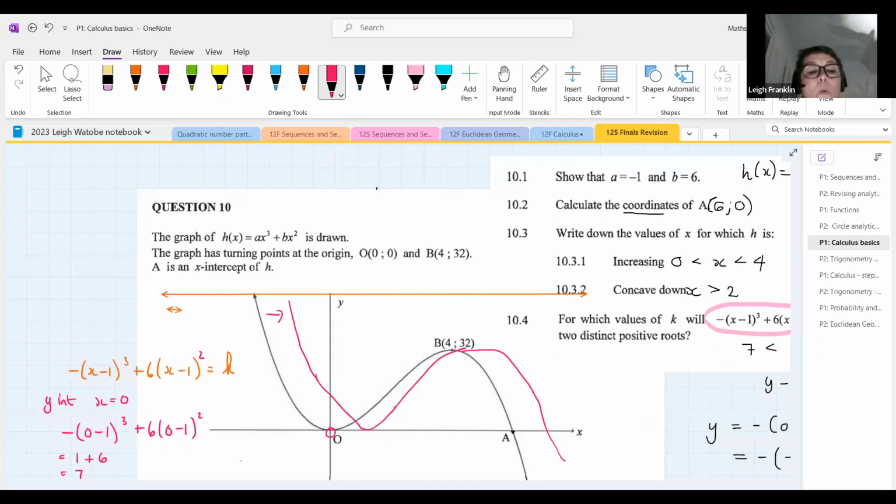So it's shifted 1 unit to the right. So this new y-intercept over here is going to be at (0, 7). But this point over here has not been moved up or down. It's just been moved to the right-hand side. So it's been shifted 1 unit to the right. So our local maximum is now going to be at (5, 32). Does that make sense to everybody? I haven't drawn the pink graph very nicely. Are we all okay with that?